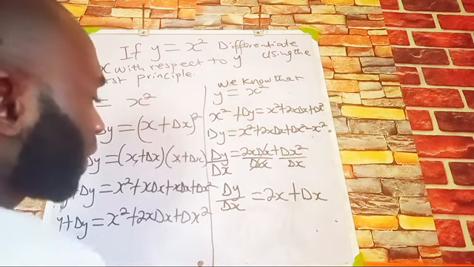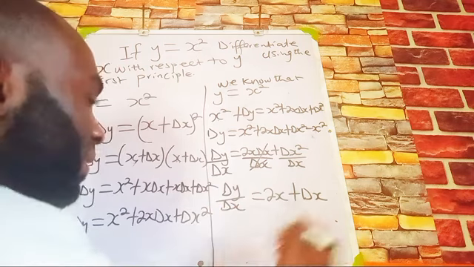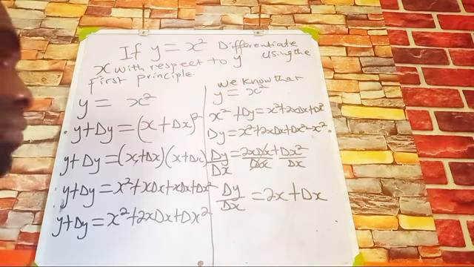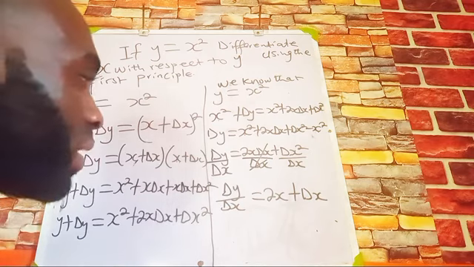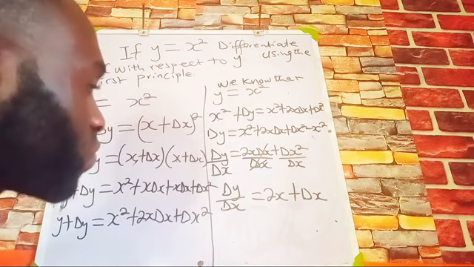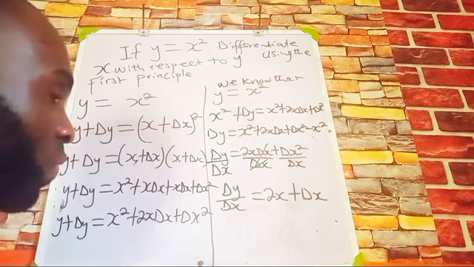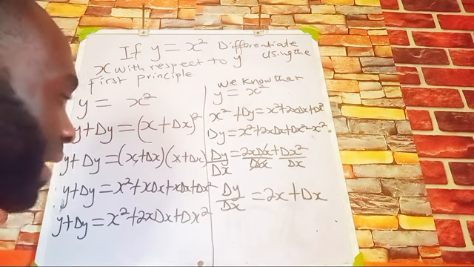So here we now say that since the change is negligible. What do I mean by negligible? The change is very small. It's very, very small, so we can neglect it. We can ignore it. That is what I mean.